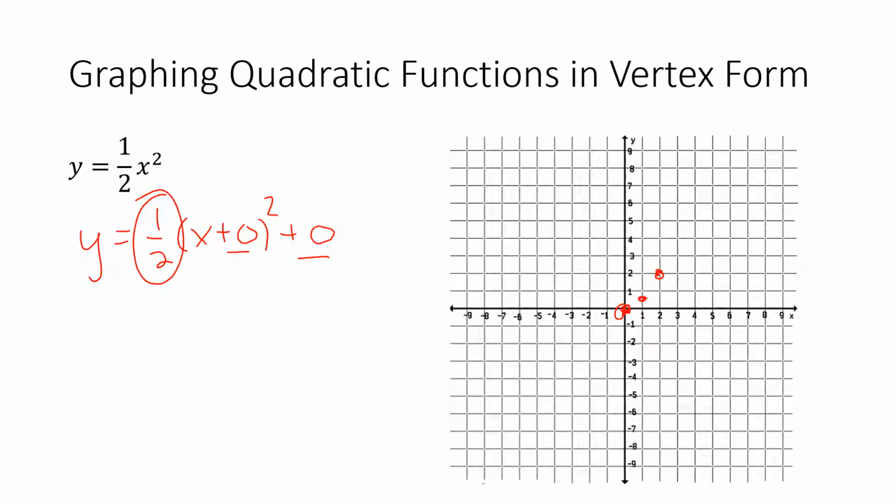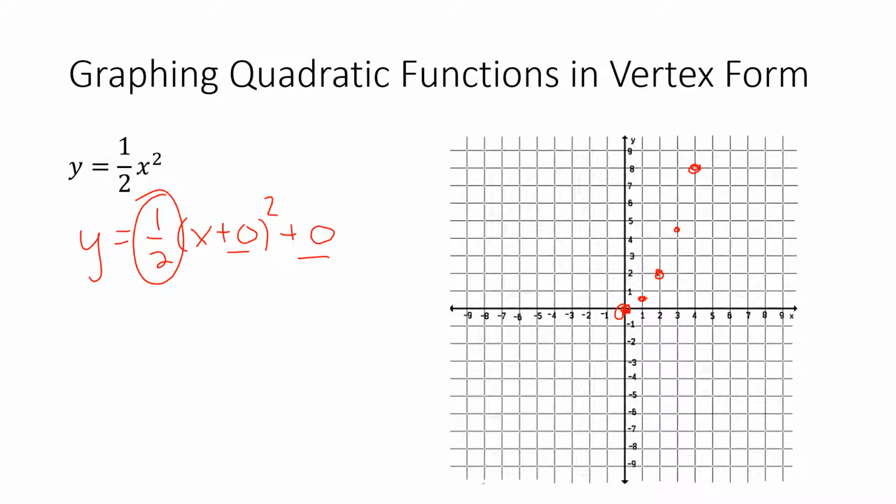All right, after that, typically you would go over 3, up 9. Half of 9 is 4.5. So here we're going to go over 3, up 4.5. All right, we can keep going here. Next, if you went over 4, 4 squared is 16. So on the parent function, you would go over 4, up 16. Here we're cutting this in half, so you're just going to go over 4, up 8.